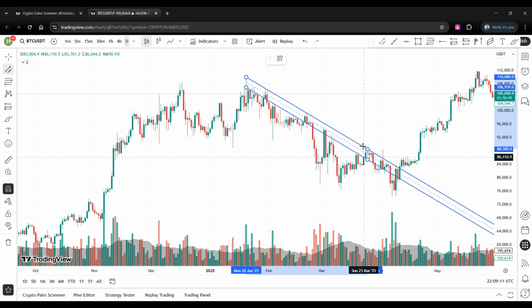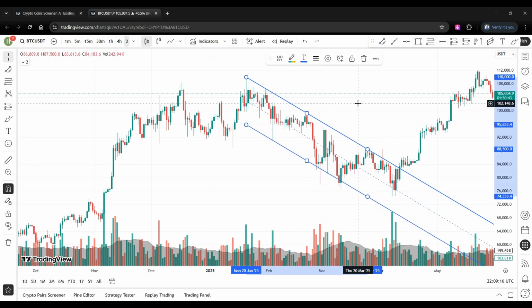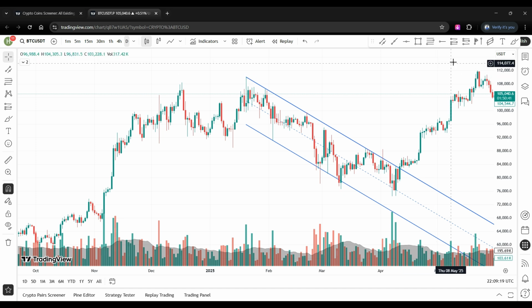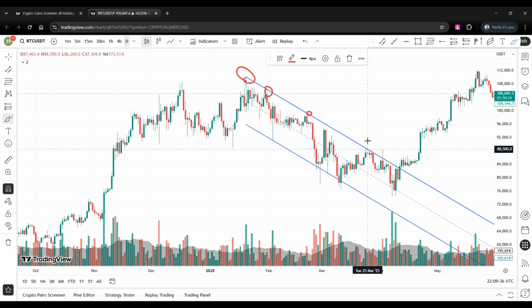Okay, look how I draw this channel. Here is one touch, here is the second one, here is the third touch, and here is the fourth touch, and a breakout failure.